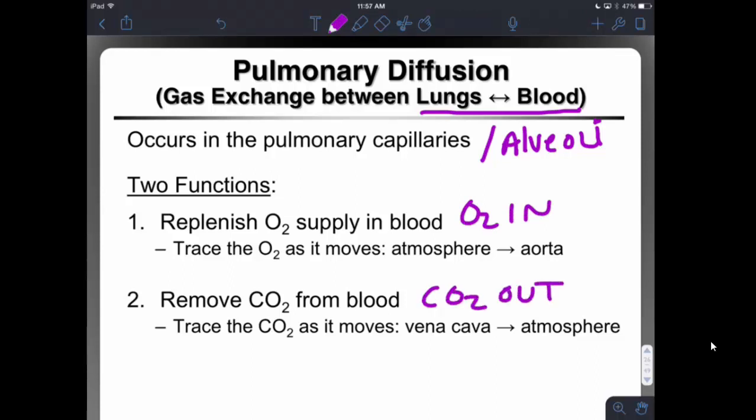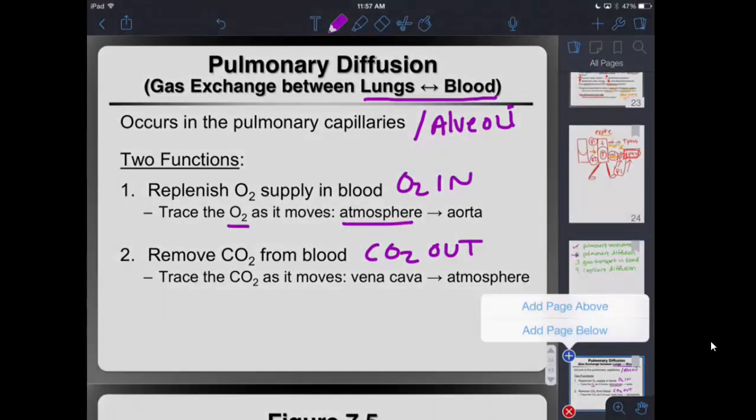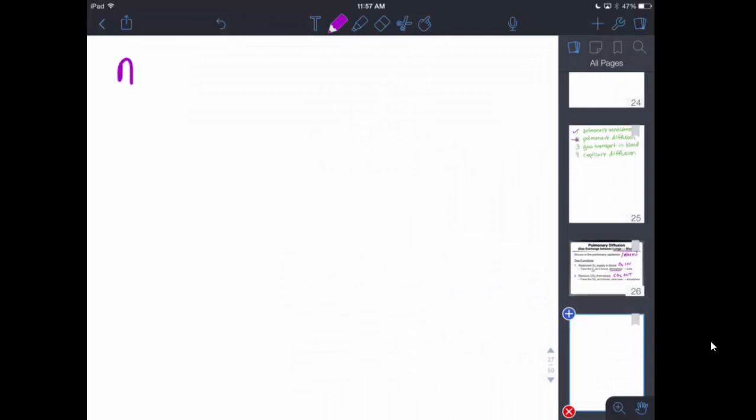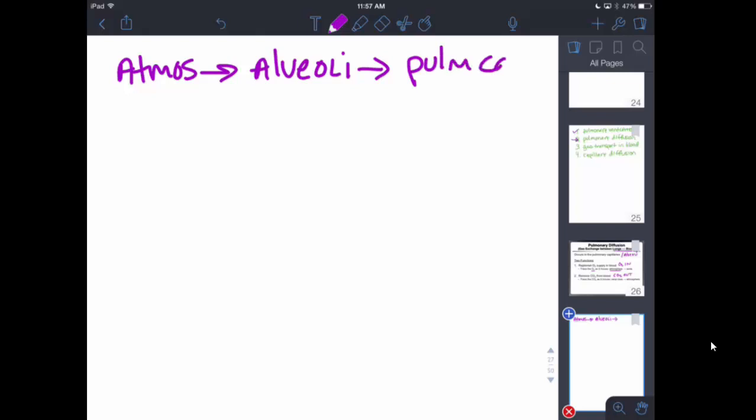Okay. So if we trace oxygen as it moves, oxygen originates in our atmosphere. From our atmosphere, it comes into our lungs. More specifically, it ends up in your alveoli. From the alveoli, that's where we get pulmonary diffusion, and the oxygen will move into the pulmonary capillaries and into the blood.